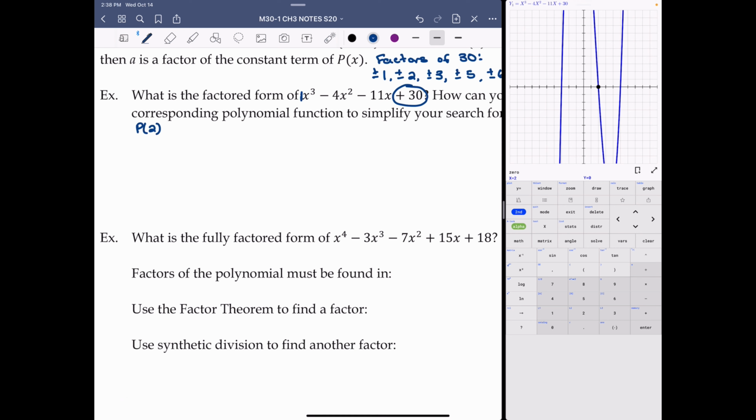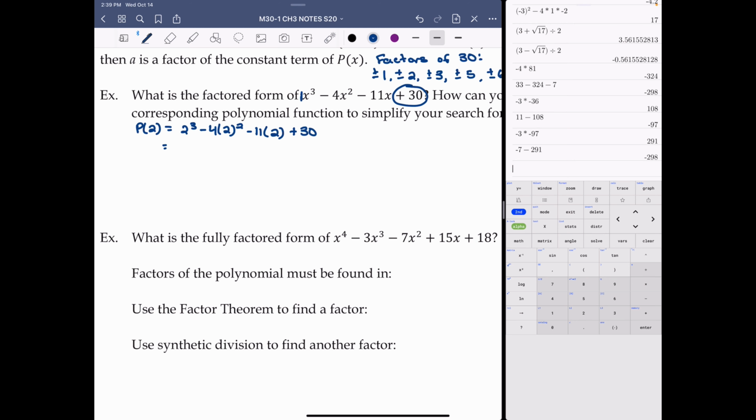P of 2 equals 2 to the power of 3 minus 4 times 2 squared minus 11 times 2 plus 30. We calculate that. I'm just going to do it on my calculator.